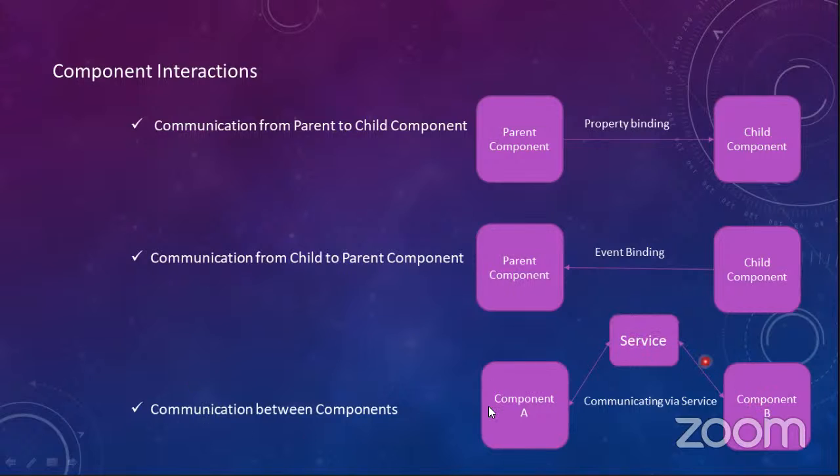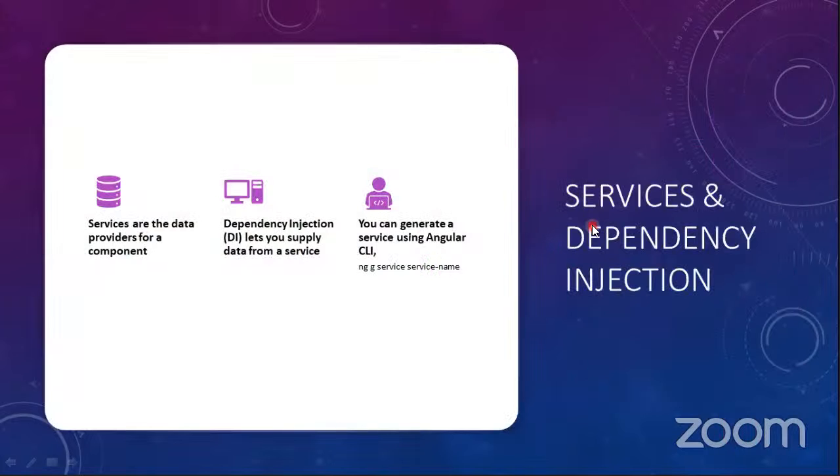This is one example. These two things we already saw, parent to child. And remember this, it is important for interview questions if you are going for an interview: parent to child component is done via property binding, and child to parent is done via event binding.